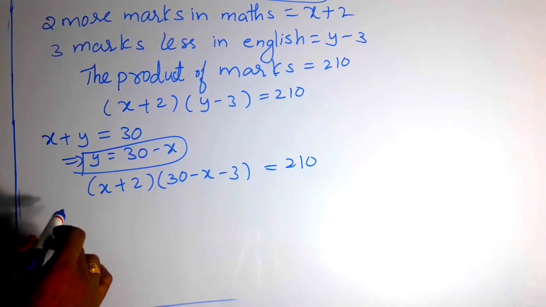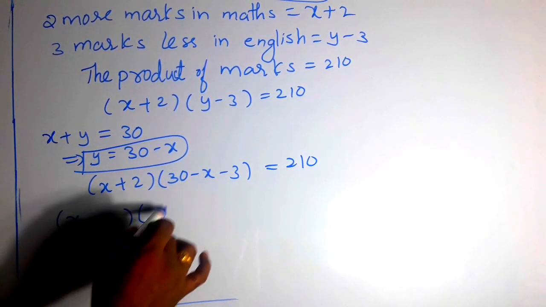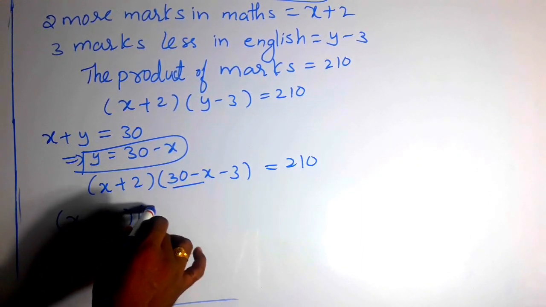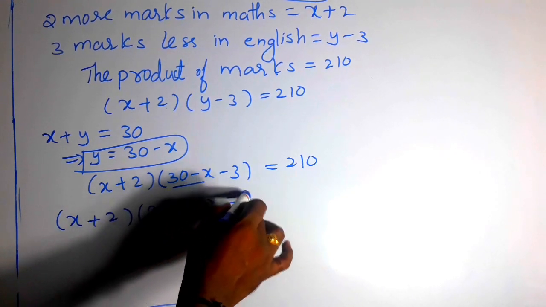Okay, now here x plus 2, this is the value of y. 30 minus 3 is nothing but 27 minus x, that is equal to 210.